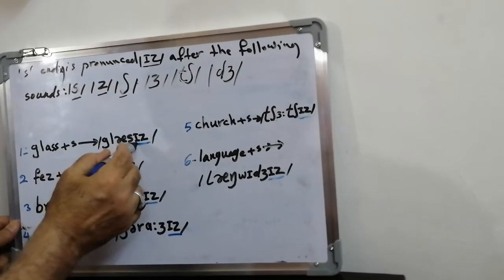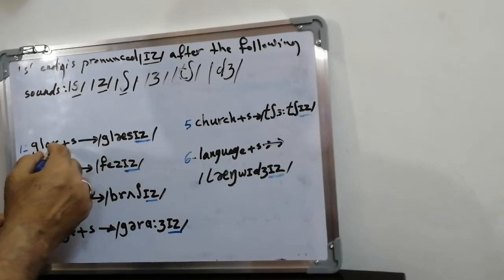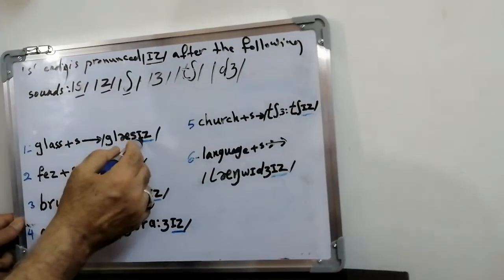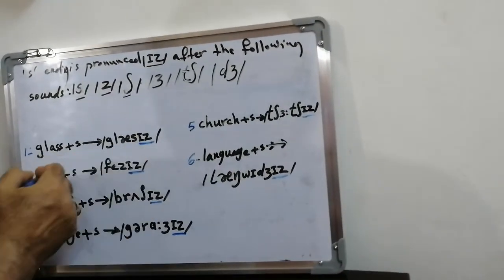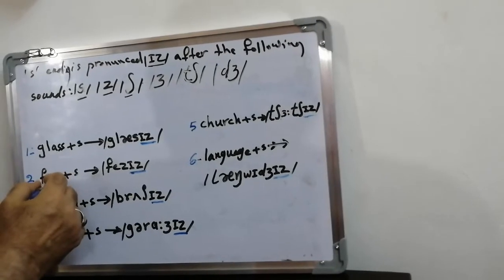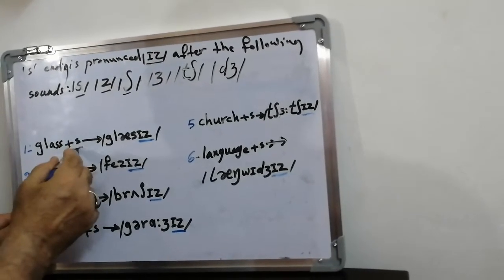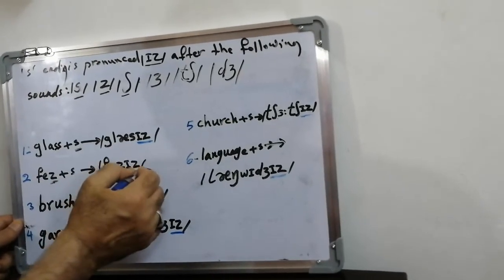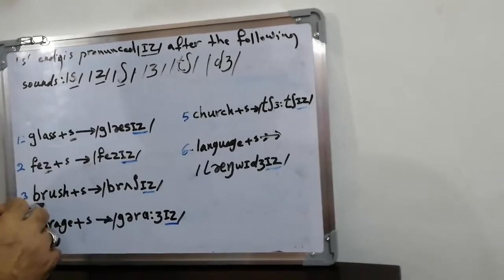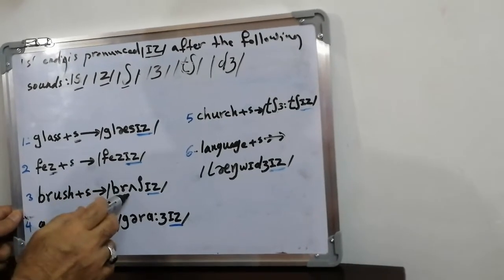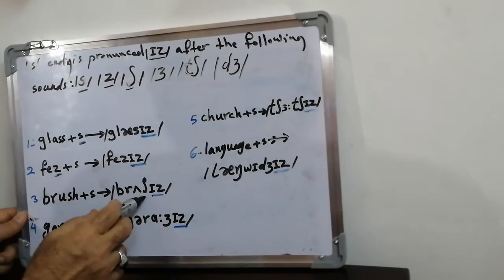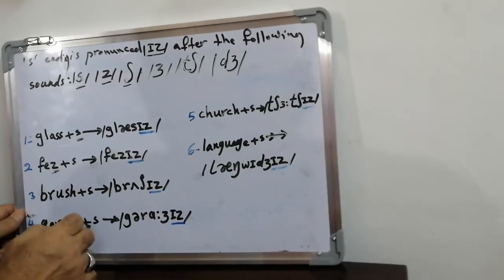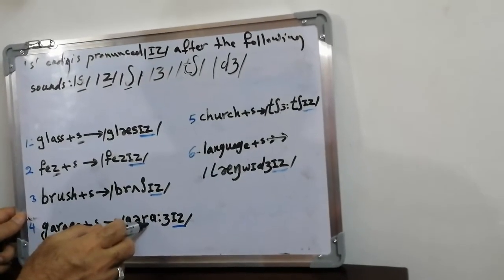So, for example, the word glass, we say glasses. The S becomes "is," glasses. Fez, because it ends with Z sound, we pronounce it is, fezzes. Brush plus S, we say brushes. Okay? Garage, garages.